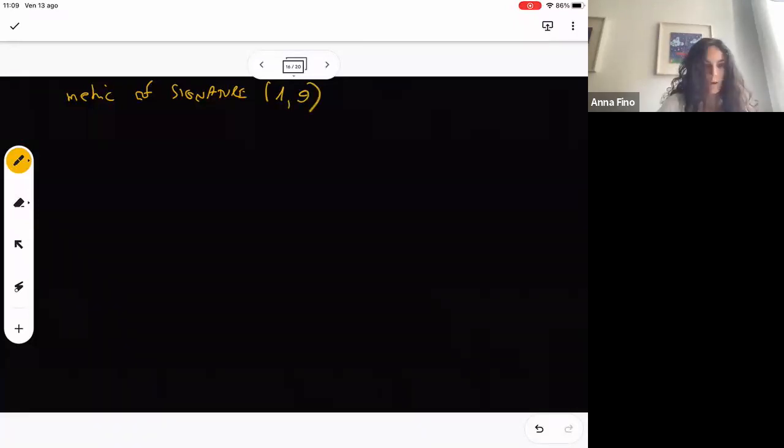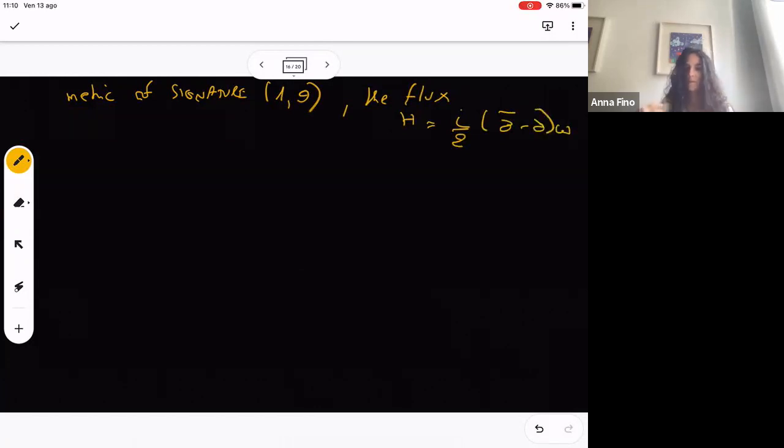Then you have what is called the flux, the 3-form H. It is essentially i over 2 of (\bar\partial - \partial) applied to the fundamental form of the metric that you have on M6. And this determines completely the type of geometry that you have on your 6-manifold.